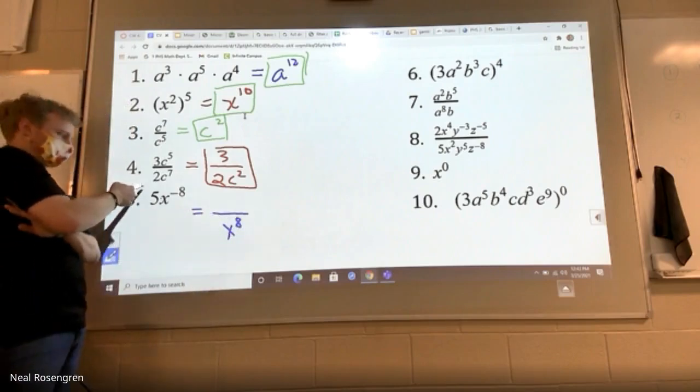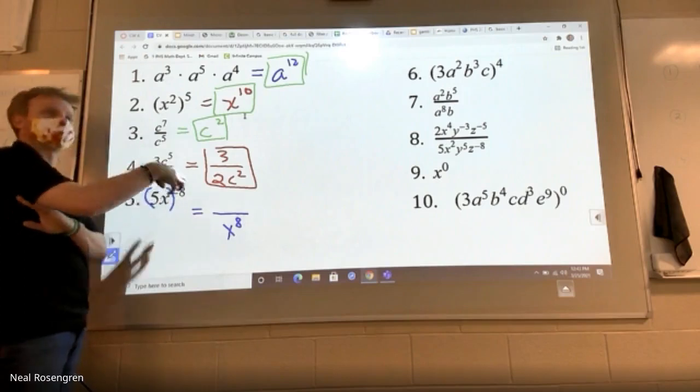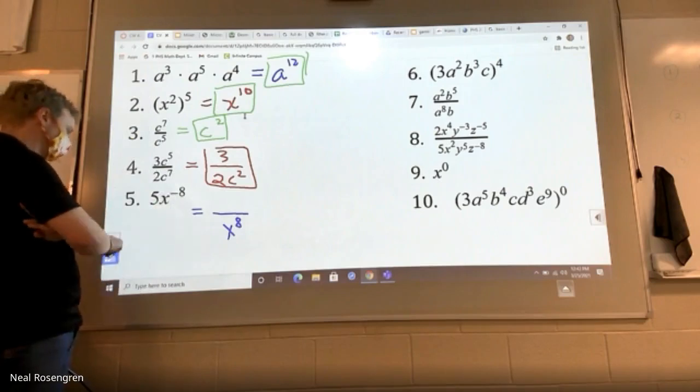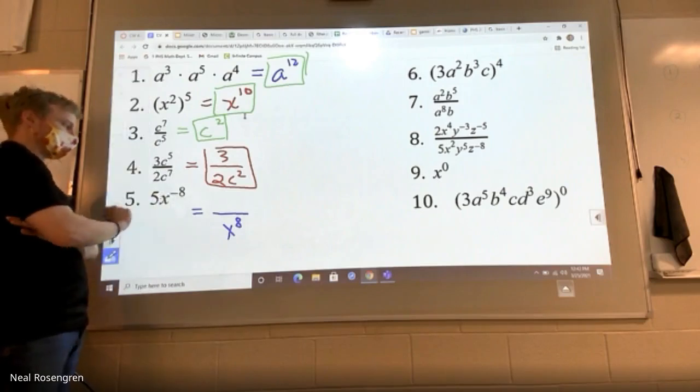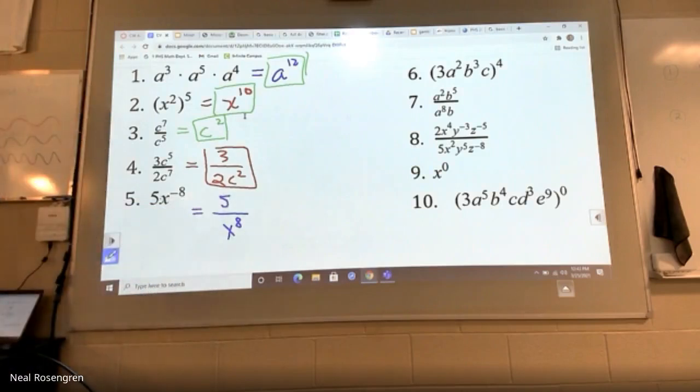Ethan, if it was like this, then everything inside has a negative power attached to it, and it would all move. But in this case, because we have the separation, I know we don't write it, but it's there, the 5 is actually going to stay on top. And that's a really common thing to do. But now you know that's something you've got to watch out for.